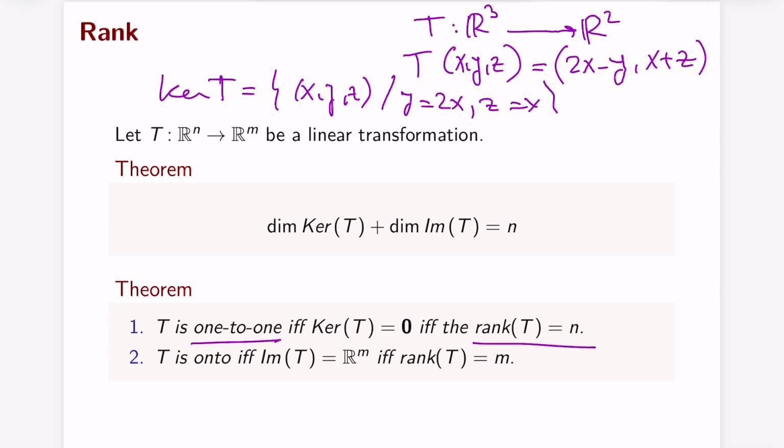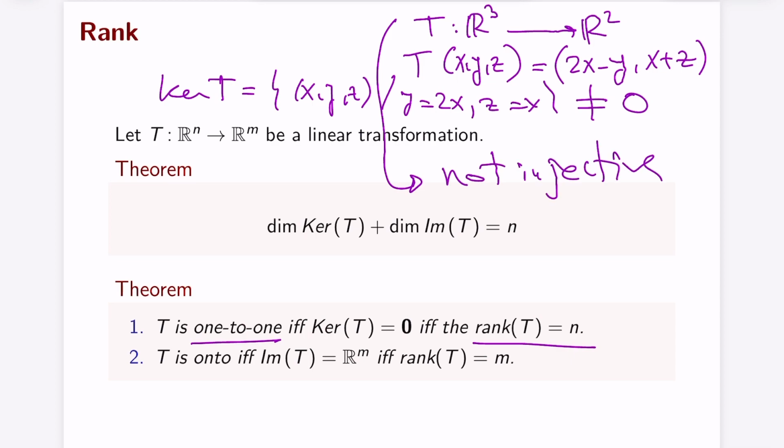In fact, we calculated some vectors, like the vector (3, 6, 3), that is in the kernel. It's not only the vector (0, 0, 0) that is in this kernel. So we know that this kernel is not 0. Because of that, we can say that this transformation is not injective, right?